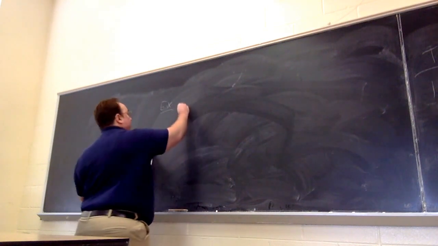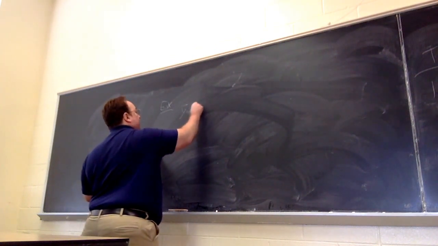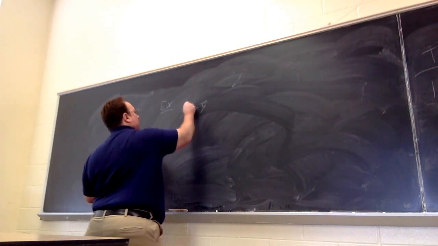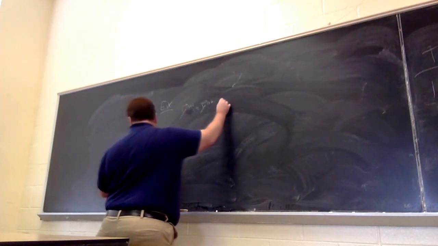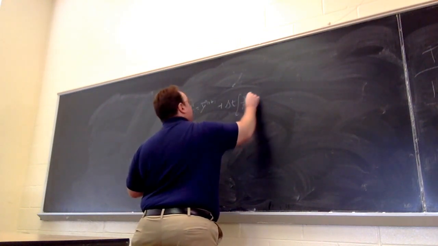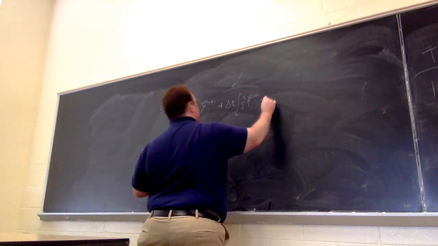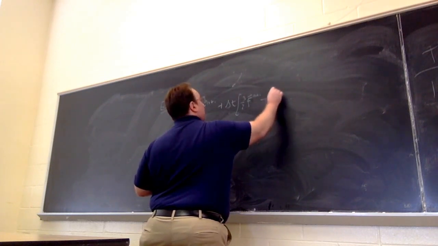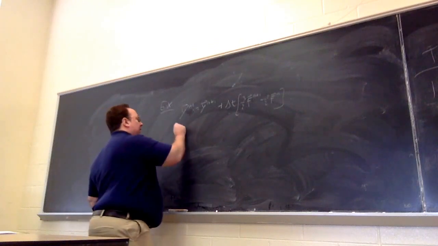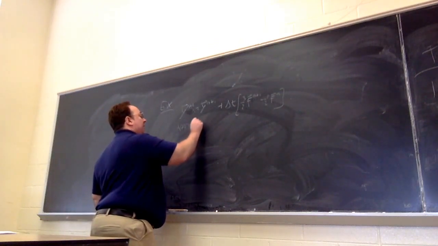We have, for instance, Yn plus 2 is equal to Yn plus 1 plus delta t times 3/2 Fn plus 1 minus 1/2 Fn. So this is Adams-Bashforth.